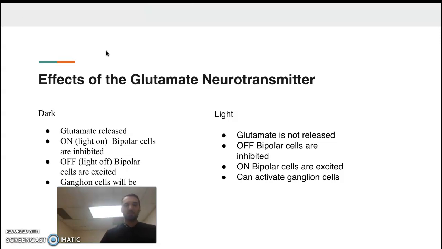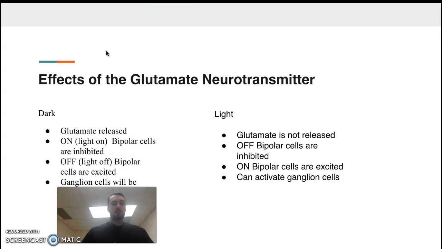So this is important because it means that glutamate, although it's one neurotransmitter, can have different effects based on whether it's released or not released. And so we can see the comparison between what happens in the dark and what happens in the light. Normally when we have a specific neurotransmitter, we know that it just works on a specific reaction. But here it could be released or not released and still have an effect on how we see.